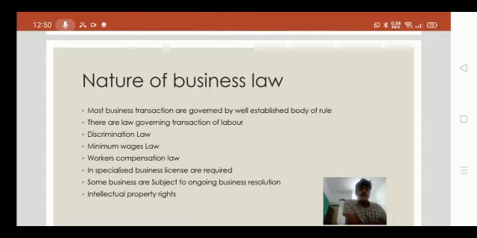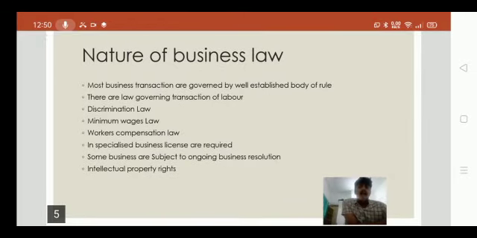Specialized businesses require licenses. Some businesses are subject to ongoing business regulation, and intellectual property rights apply. Business transactions are also controlled by the government, which has laws for transaction purposes.